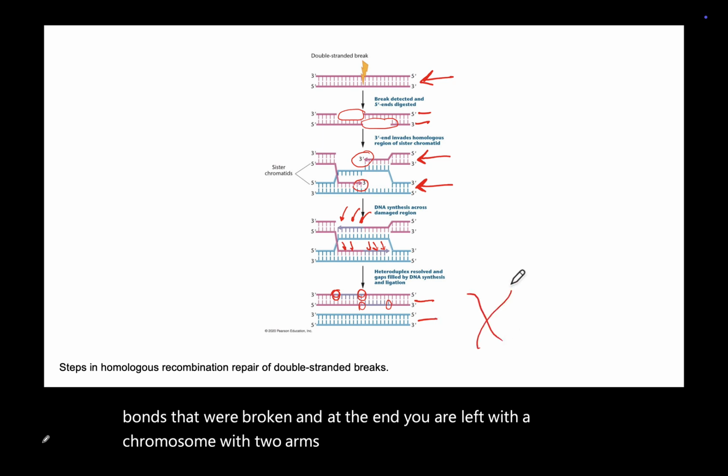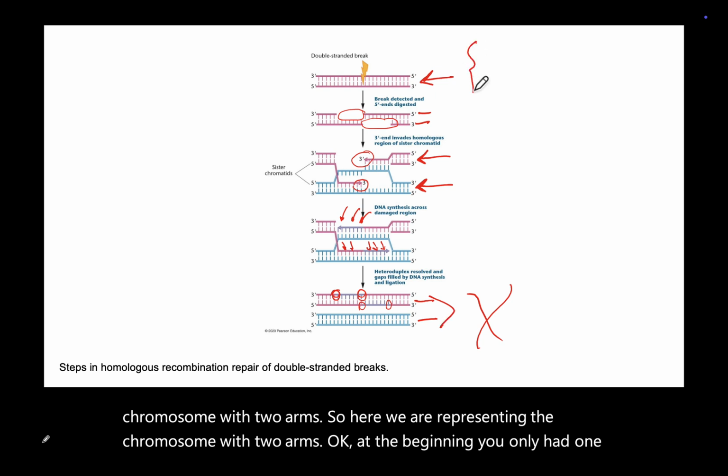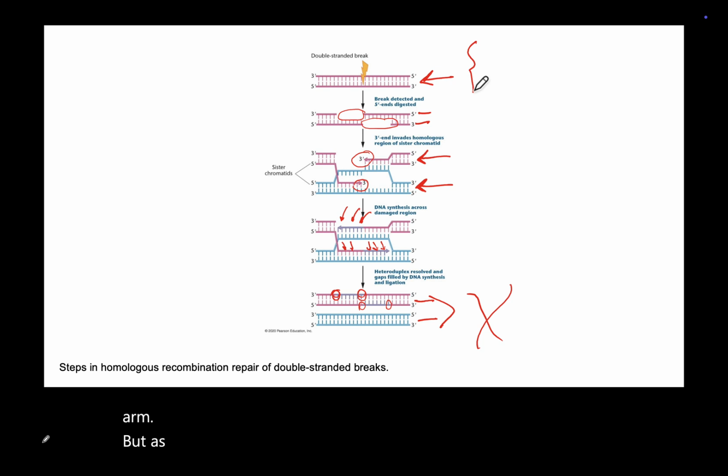So here we are representing the chromosome with 2 arms. Okay? At the beginning, you only had 1 arm. But as the cycle progresses from G1 to S phase, now you have a second arm. So this is the first, this is the second.